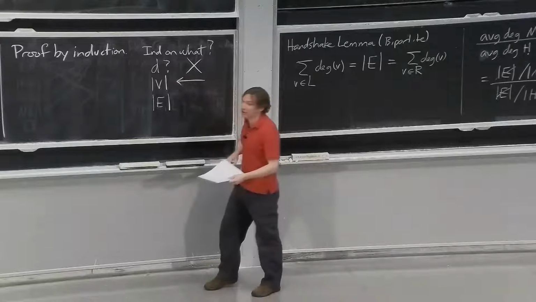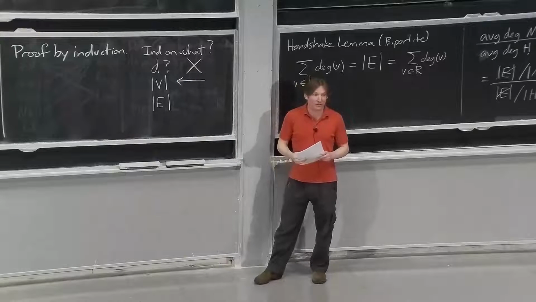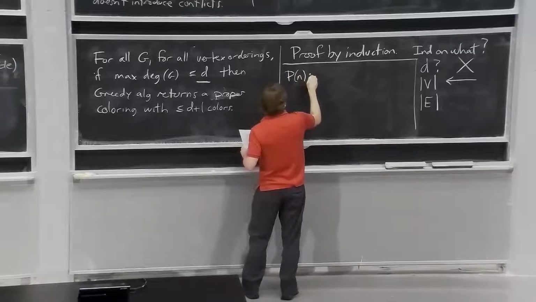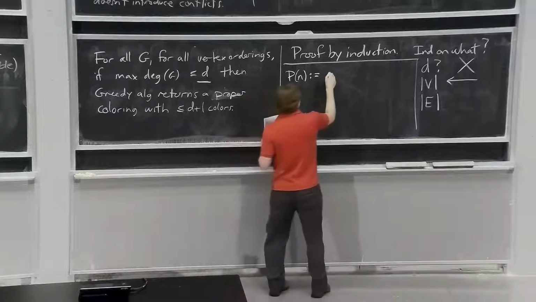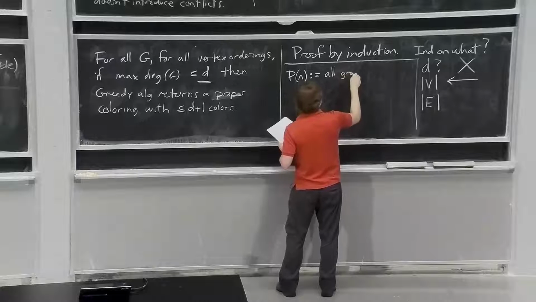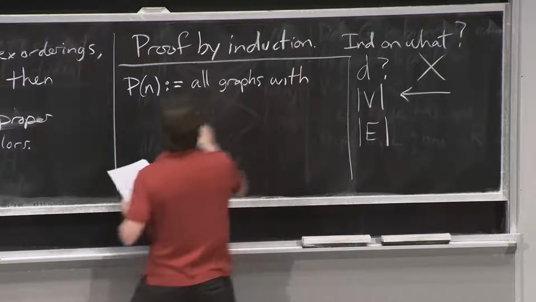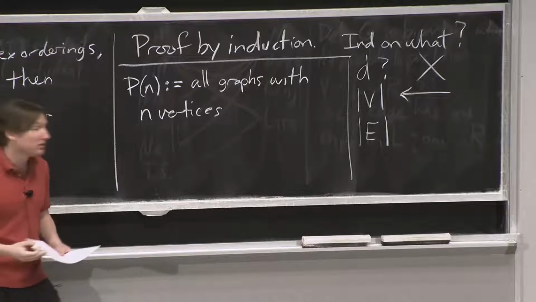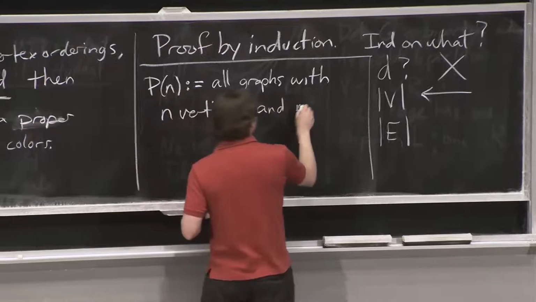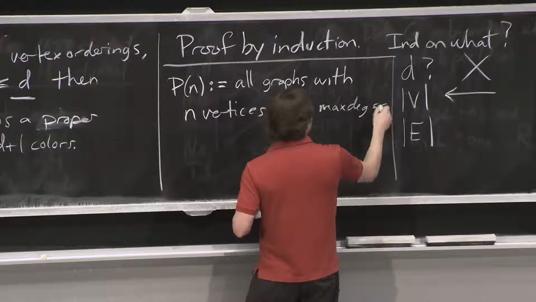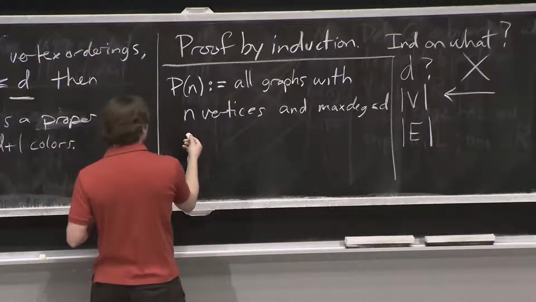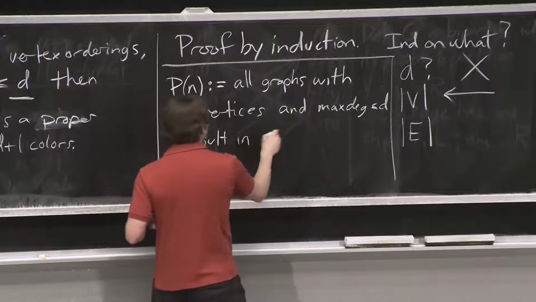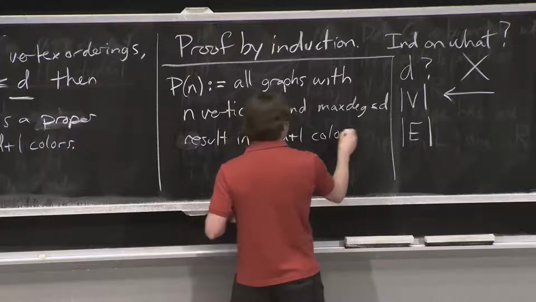But let's try this strategy. Let's induct on the number of vertices in our graph. And here's what that means. We're going to let P of n be the statement that all graphs with n vertices, so all graphs with exactly n vertices, and max degree at most d, result in at most d plus 1 colors from the greedy algorithm.